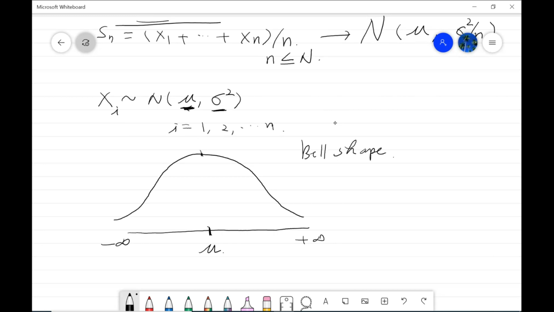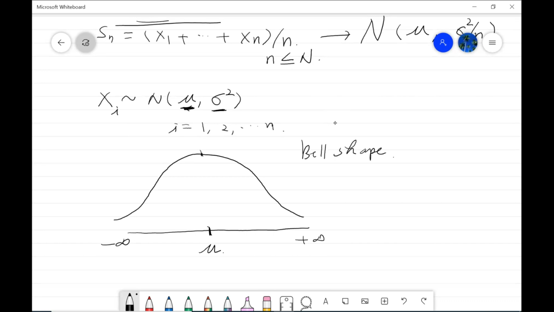The reason why we have to specify the mean and the variance is that the mean provides the position of this bell shape of the normal distribution on the continuum line. That's why you have to provide the mean. And sigma square, the variance, indicates what?